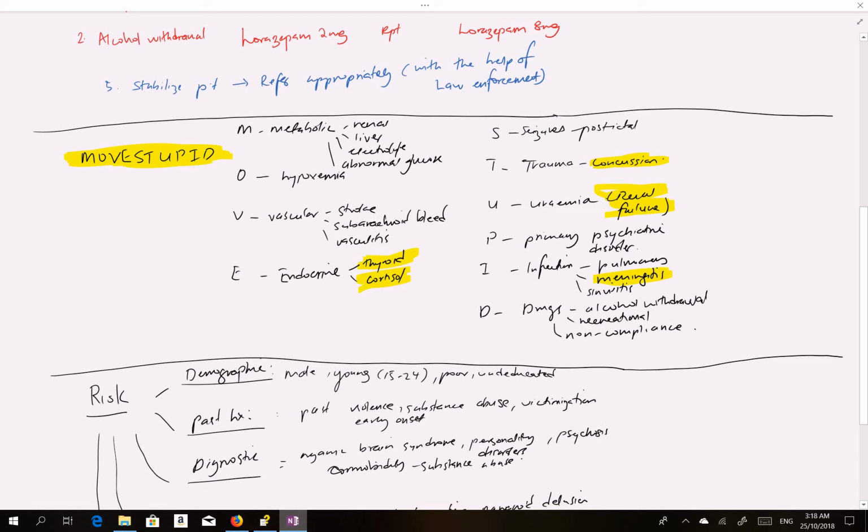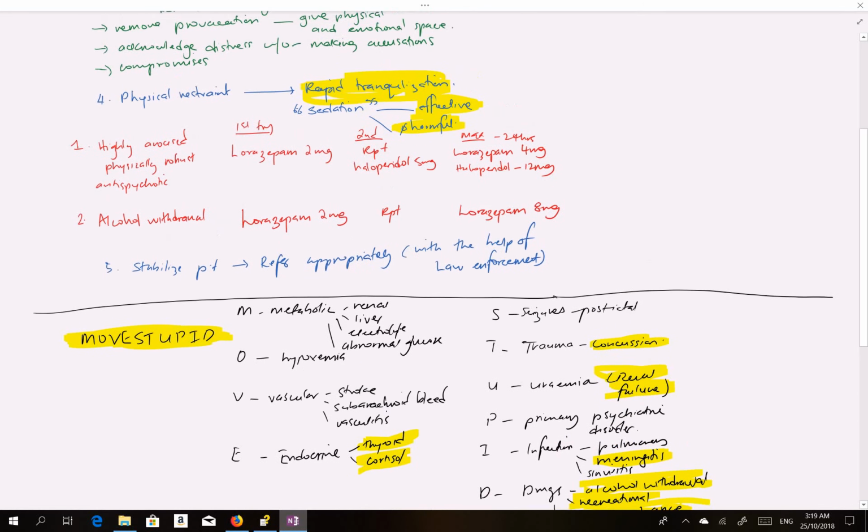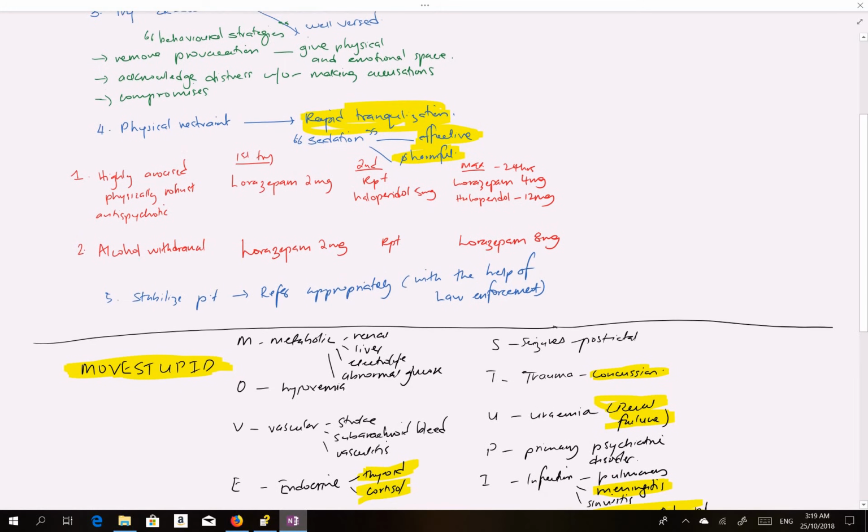And finally D is for drugs, so either alcohol intoxication, alcohol withdrawal, recreational drug use, or simply non-compliance with their antipsychotic medications. So there you have it: the MOVE STUPID mnemonic to remember the causes of why a patient might become aggressive.